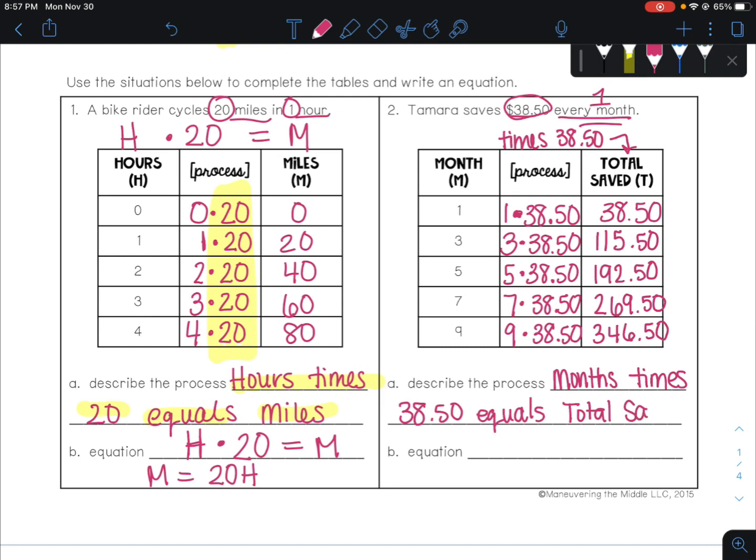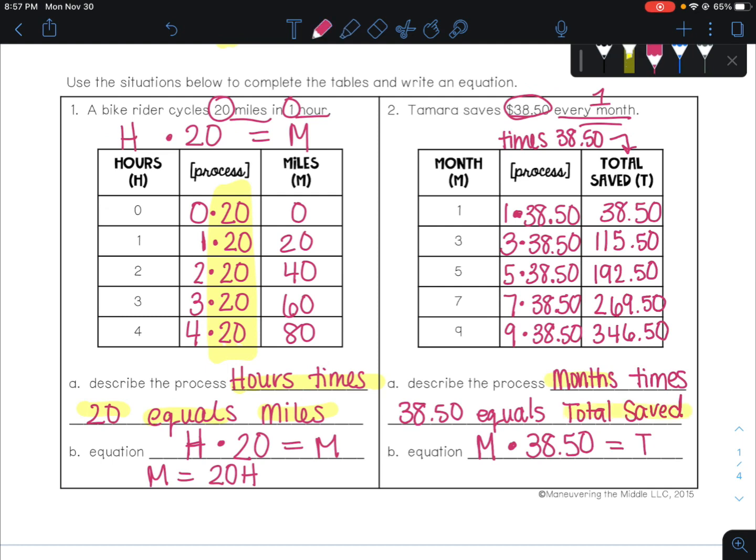Now, luckily, we have some variables up at the top of our table. We have M and T. So we can say M times $38.50 equals T. M for months, T for total saved.